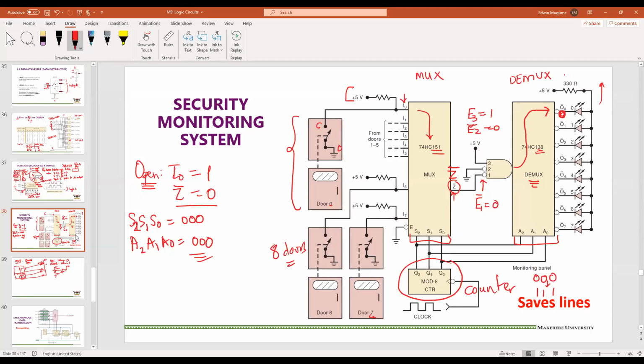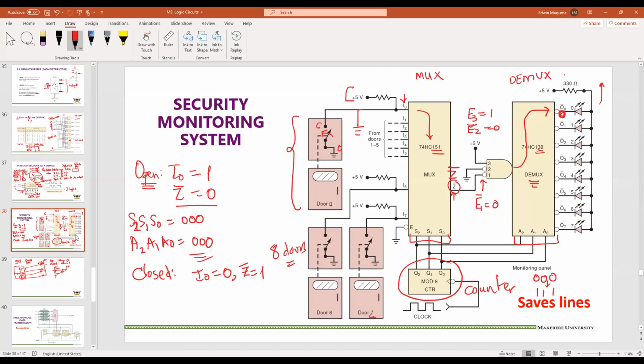What about the case for closed, for this same scenario? If it is closed, that means that this one is back here and you have this connected to ground. If it is connected to ground, you can see that I0 is equal to 0, meaning that Z inverse is equal to 1.